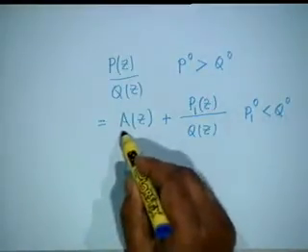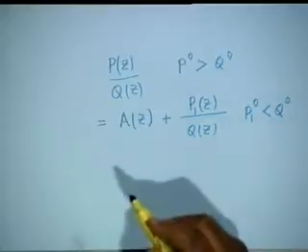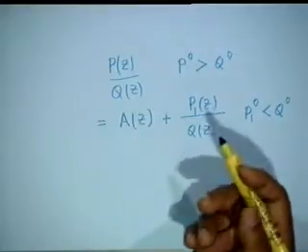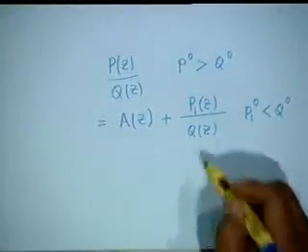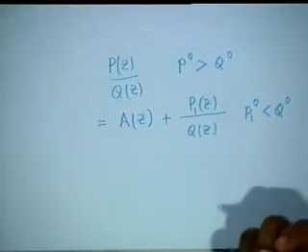Then you invert A(z) term by term, which is very easy. If you have a term like 5 z to the minus 5, then its inversion is 5 delta of n minus 5. Agreed? So, this is very easy.